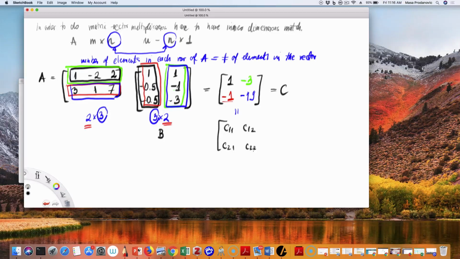Okay? It's 2 dimensions, so I need 2 numbers to correctly locate any element. And similarly, in A, I'm going to have A11, A12, A13, A21, A22, and A23. Right? So basically by referring to row and column.